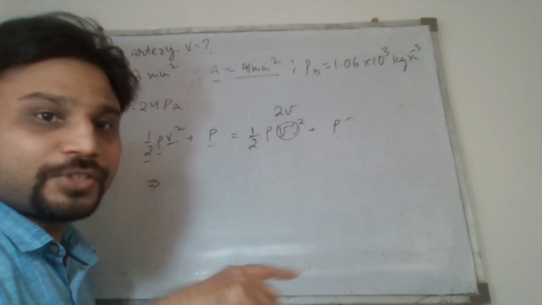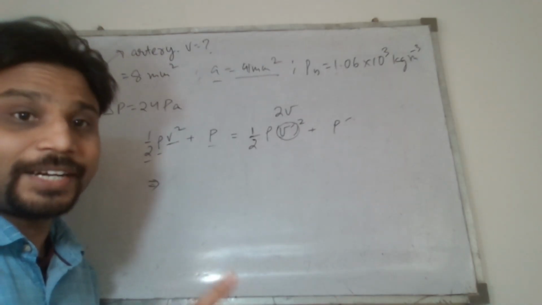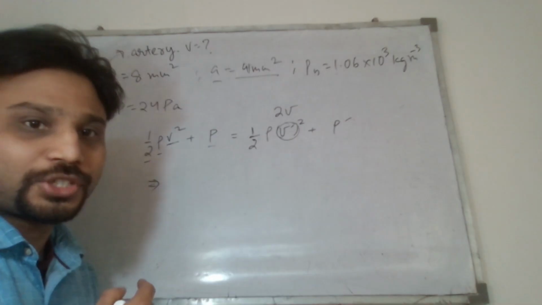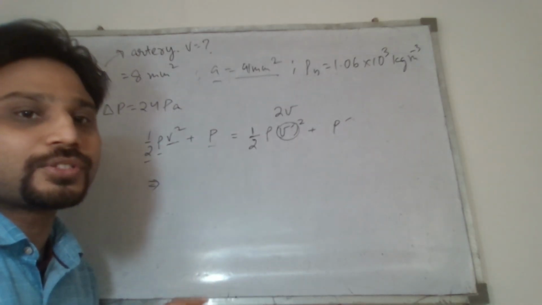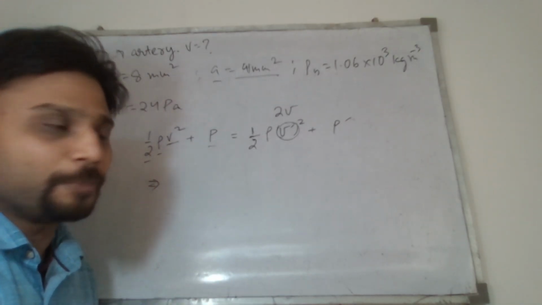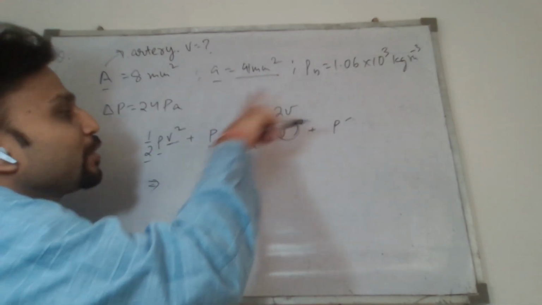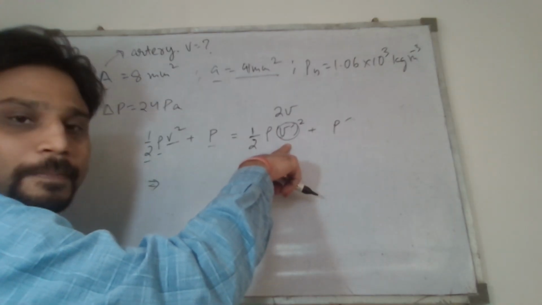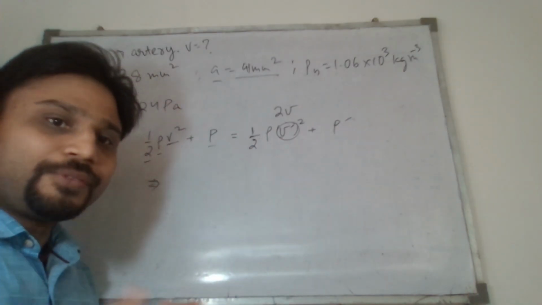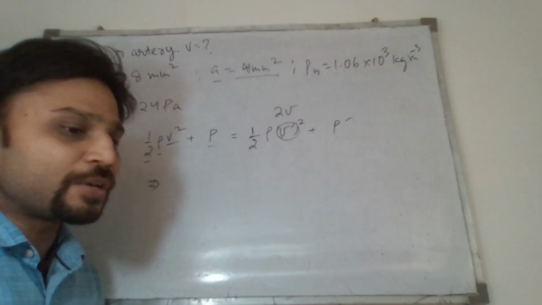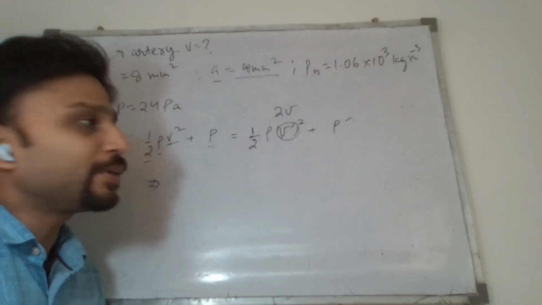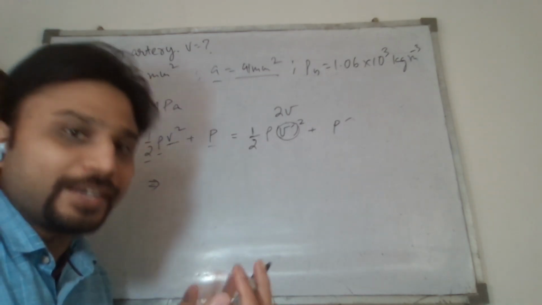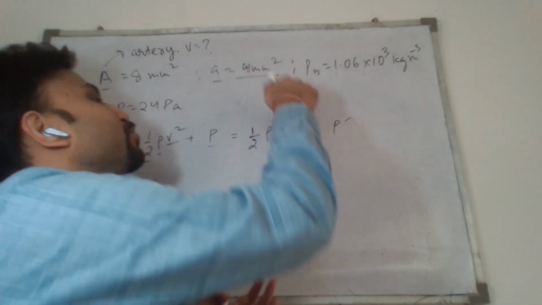In the question which we did first, or the second one, the cross-section area halved, and you saw that the speed doubled from 1 to 2. Here the cross-section area is halving, so you know that the velocity is going to double. So this V becomes 2V. This is one way we can master a question. But it's not necessary that we take these short tricks, directly writing Bernoulli theorem and putting 2v here.